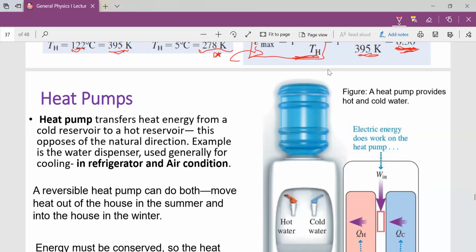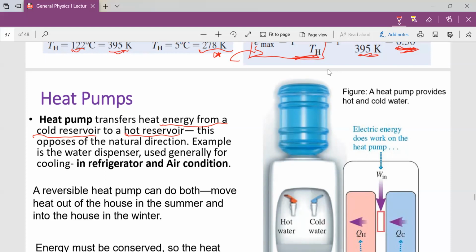All right. So heat pump transfers energy from cold reservoir to hot reservoir. You see, the heat pump is able to make that natural system go in its reverse form. And it can also do the vice versa.